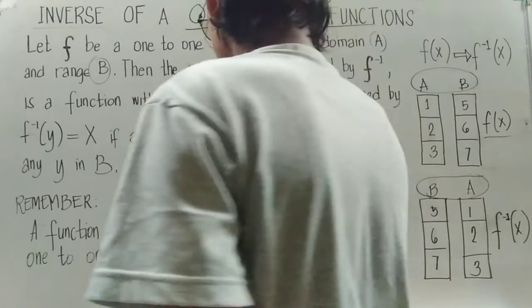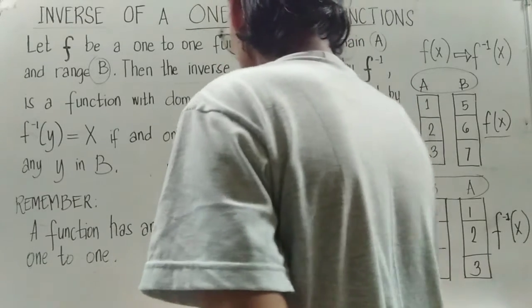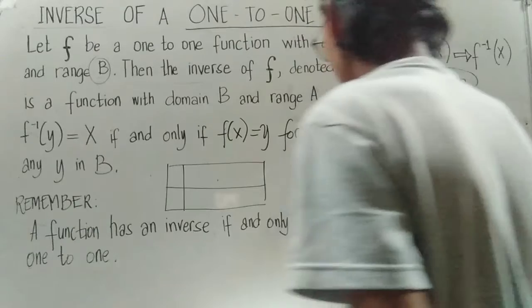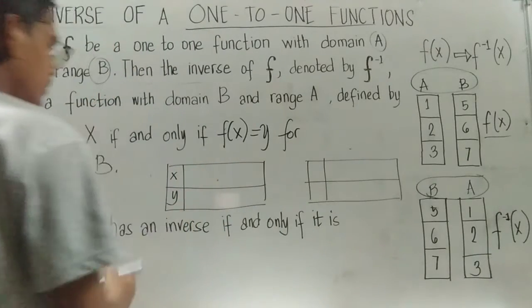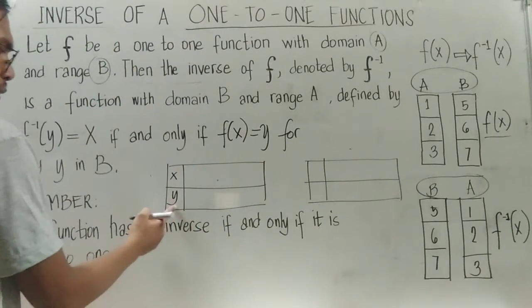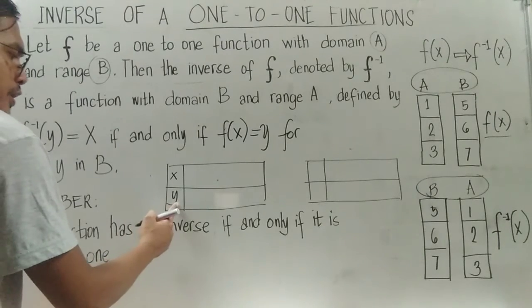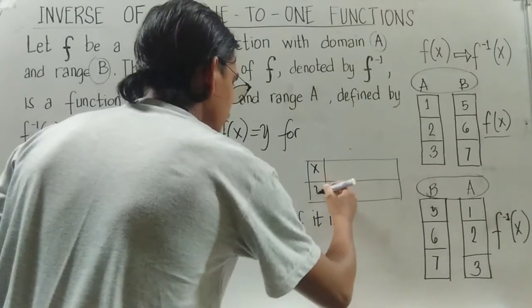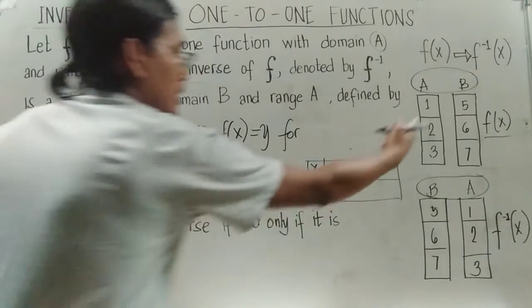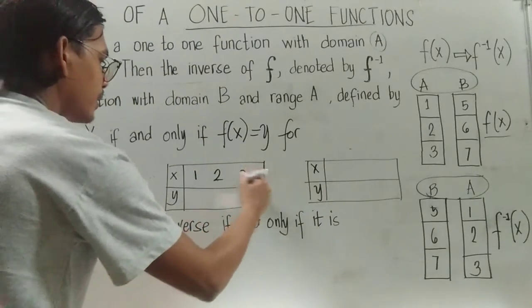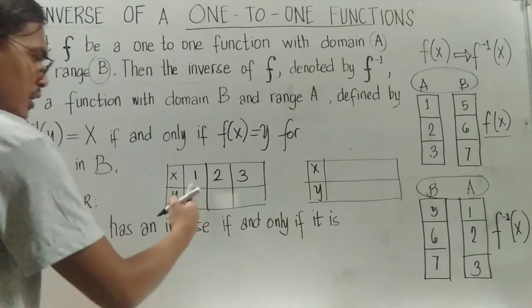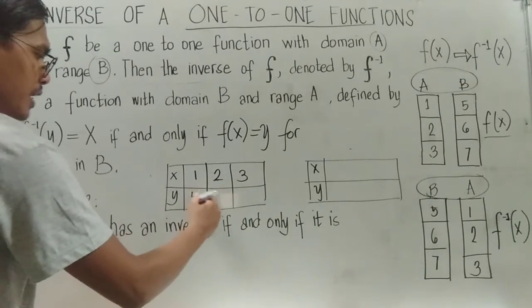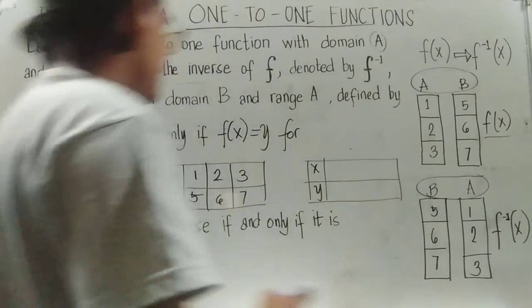Or we can put it as a table of values, if you are comfortable with this. We have x and y, or we can put f of x as your y. The values of your domain are 1, 2, and 3. The values of your range are 5, 6, 7. That is just an example.